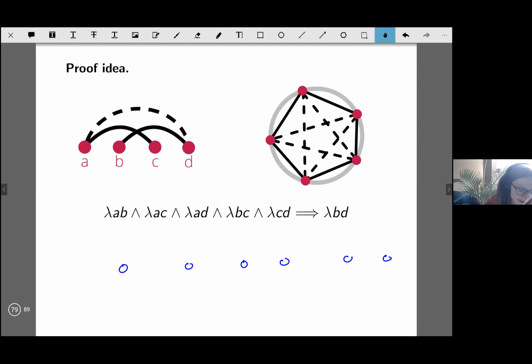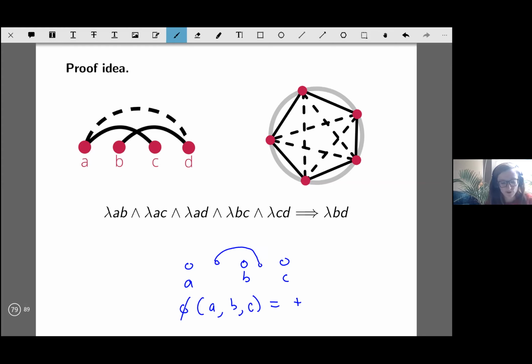So in order to define phi of A, B, C, I say that phi of ABC is positive if there exists an edge which contains B, as in it goes over B, and also one end of the edge is in this half-open interval, and the other end is in this half-open interval.